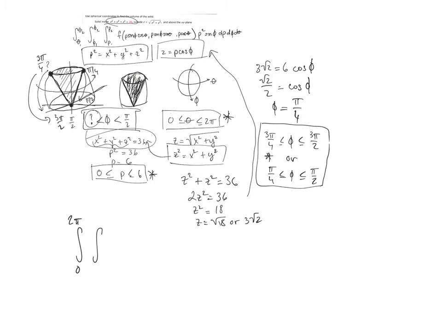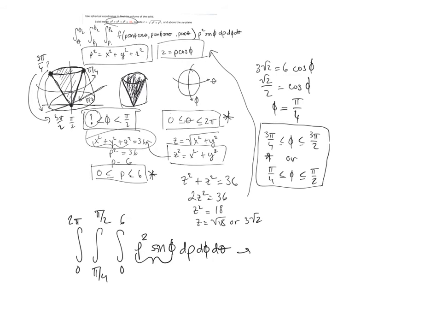I'm going to use pi over 4 to pi over 2 for phi, and 0 to 6 for rho, of rho squared sine phi d rho d phi d theta. This comes from the equations, just look at your sheet.